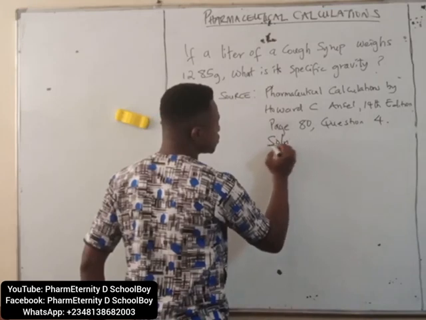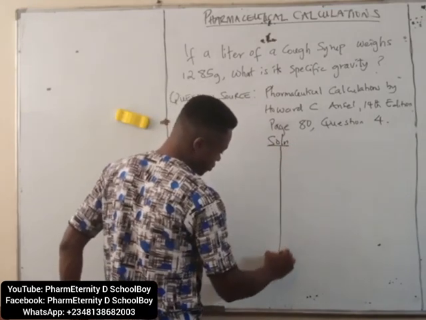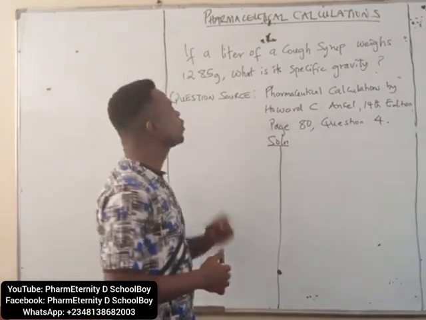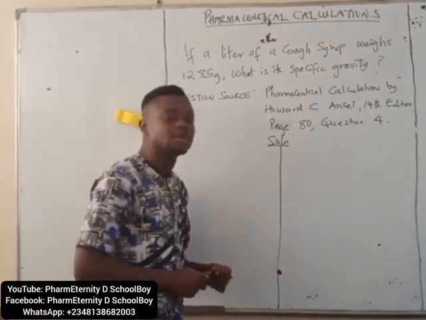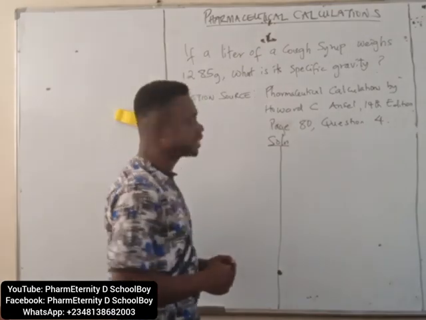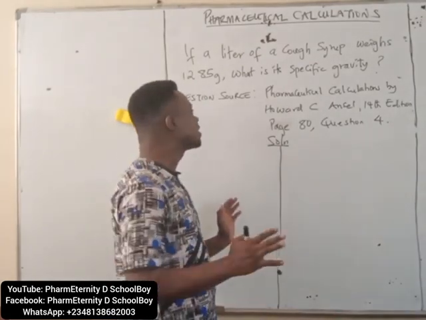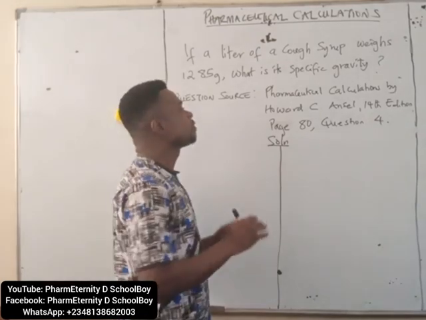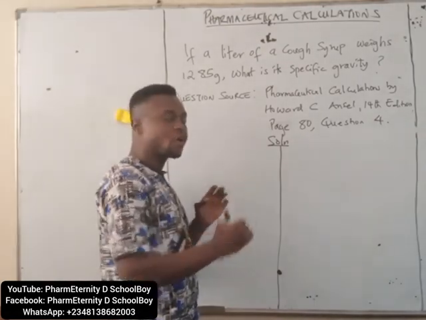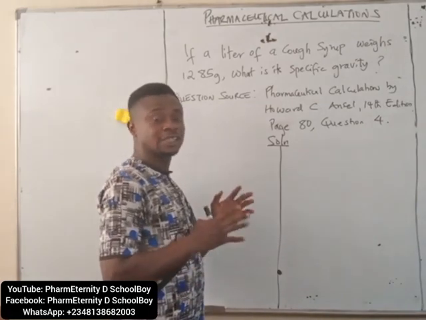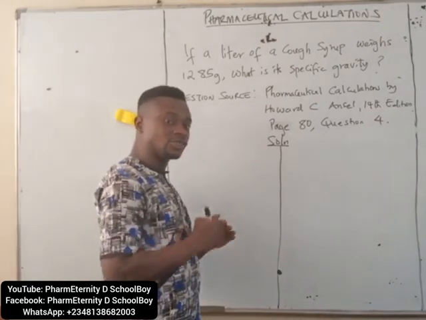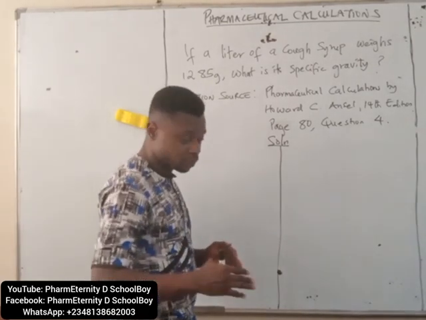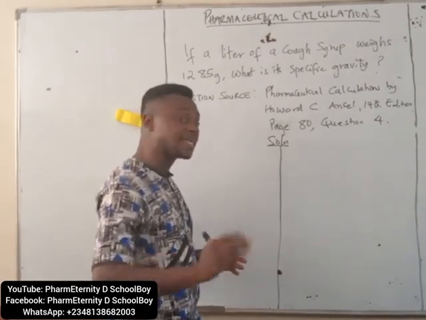Solution. For us to be able to answer this question, we need to really understand what specific gravity is. Specific gravity is nothing but the ratio of the weight of a substance to the weight of equal volume of a particular standard.